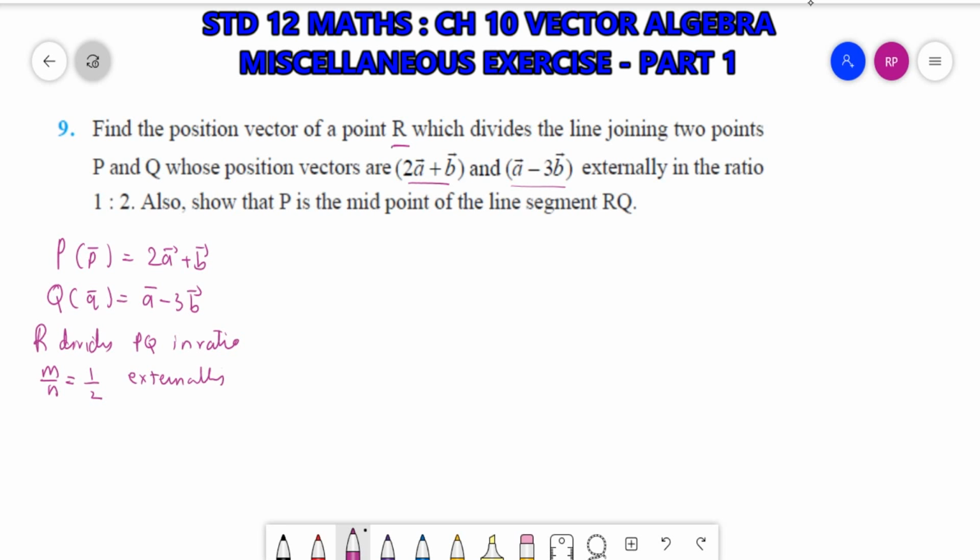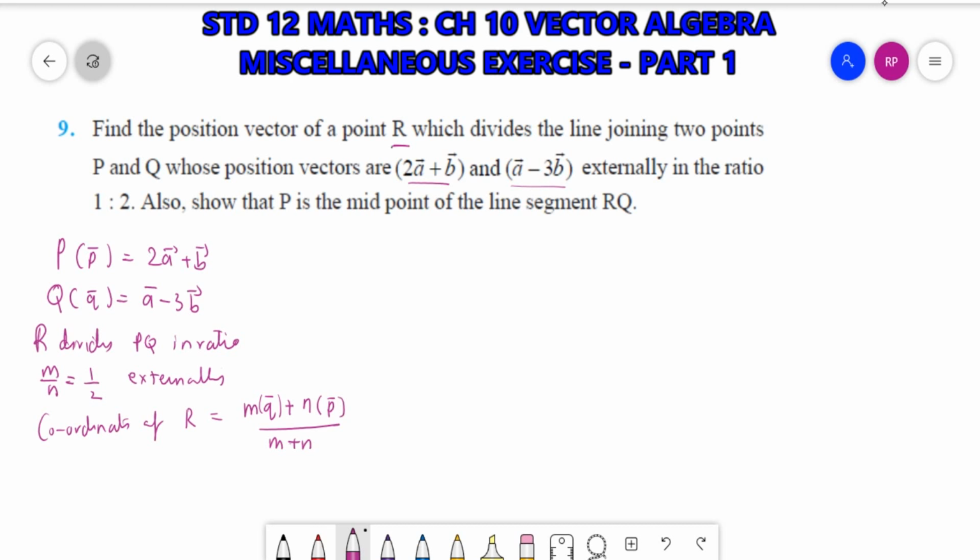Now see, as the ratio is external, I can write the position vector of R as (mq plus np) upon (m plus n), where m is multiplied with q, and n with p.